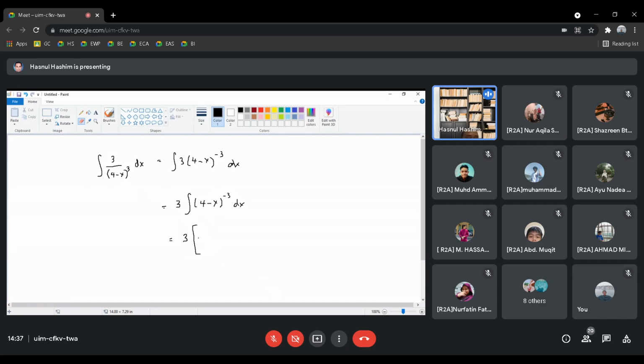This will be (4 minus x) to the power of negative 3 plus 1 over negative 3 plus 1, plus c.